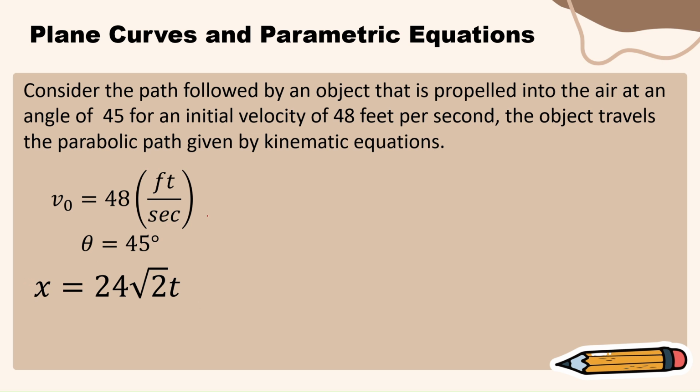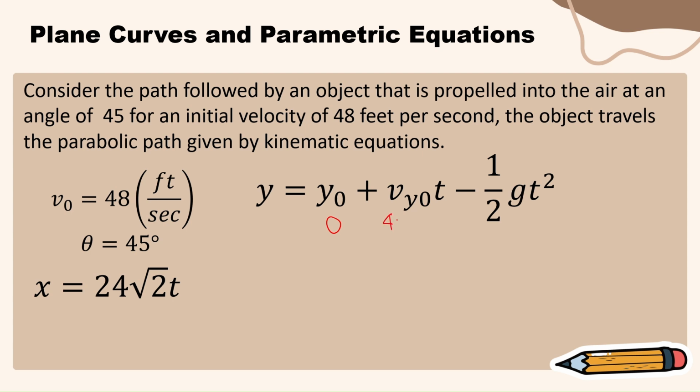But kailangan pa natin ng second, which is depending naman sa y. So this will be our working equation. Y sub naught is 0. Then y sub naught is 48 times sine 45. Pero kung cosine yan, okay lang kasi equal naman sila sa one another. Sine 45 and cosine 45 is equal lang.